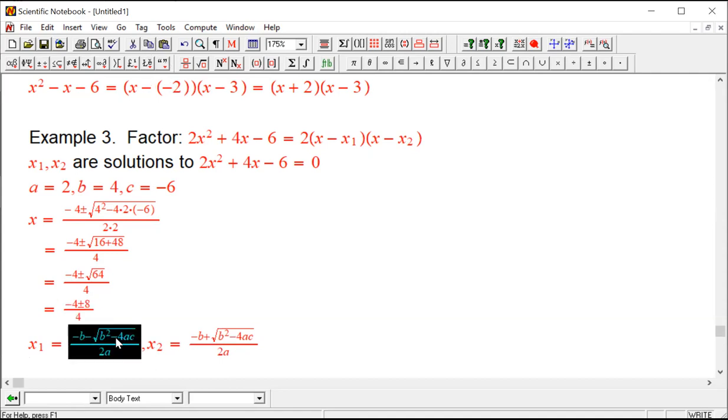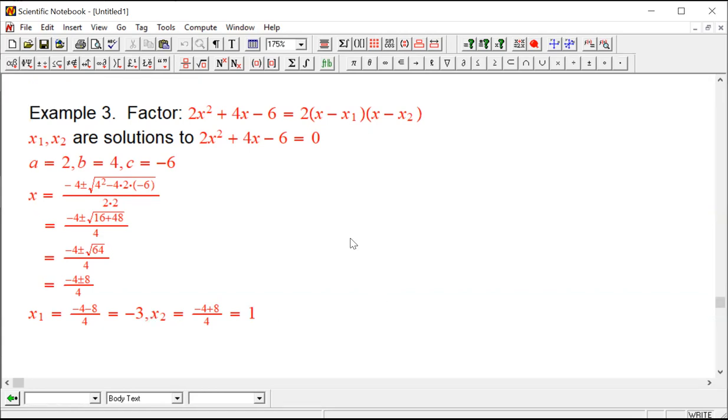This one is going to be negative, and this is going to be positive. This one we got -4 minus 8, that's -12. -12 divided by 4 is -3. And this one: -4 plus 8 equals 4. 4 divided by 4 is 1.